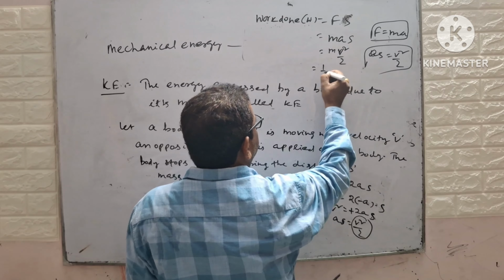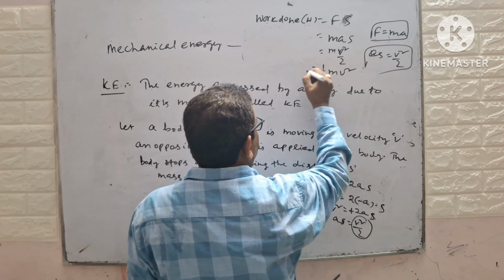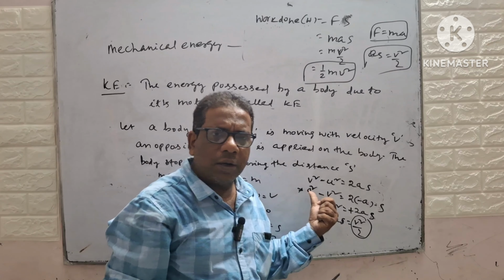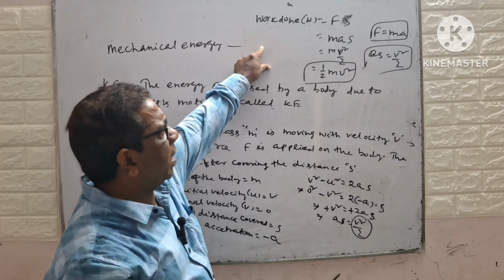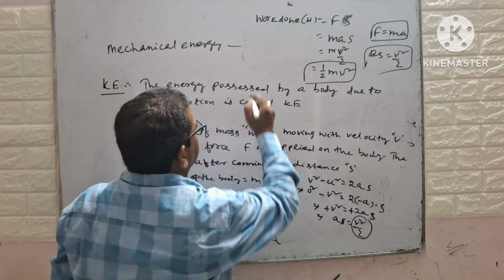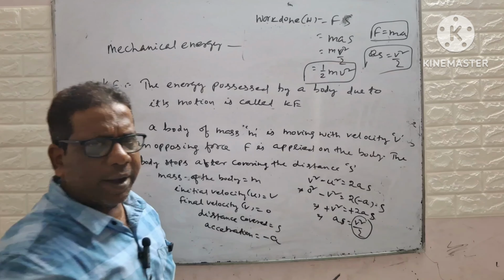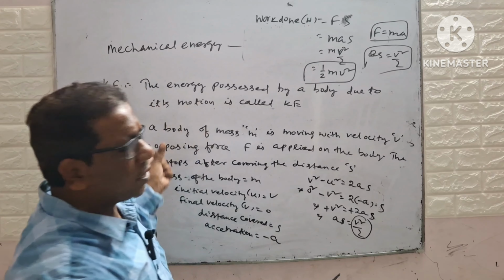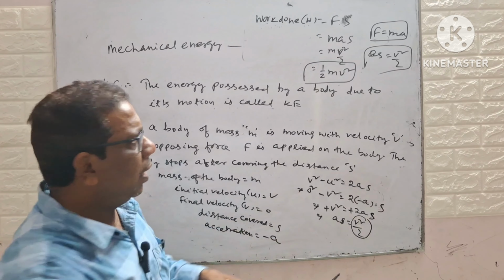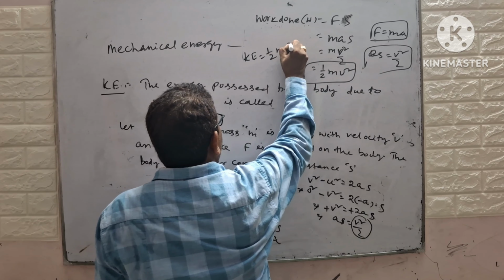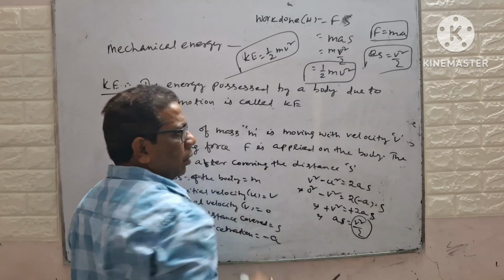So how much work is done? Half mv square. During the motion, half mv square work is done by the body, and this is the kinetic energy. According to the definition, the energy possessed by a body due to its motion is called kinetic energy. Hence, kinetic energy is equal to half mv square.